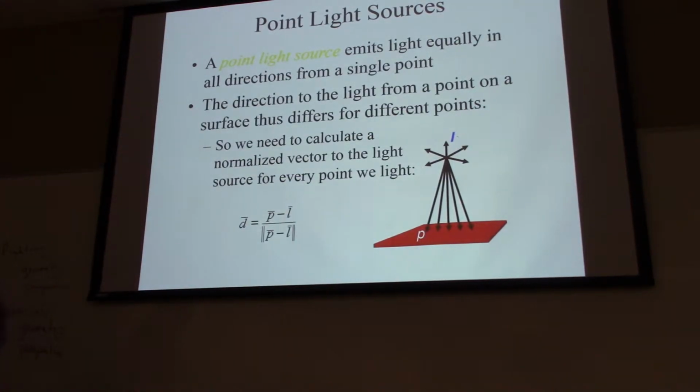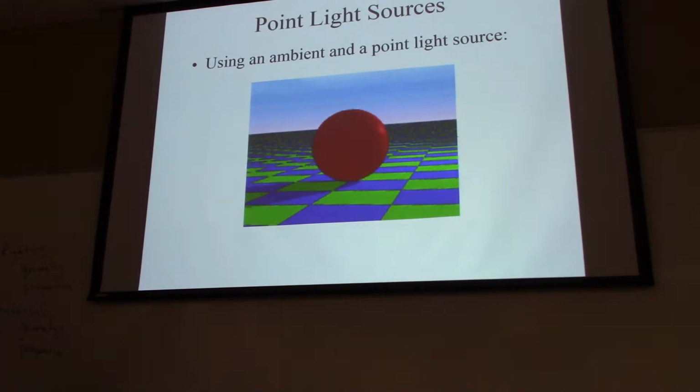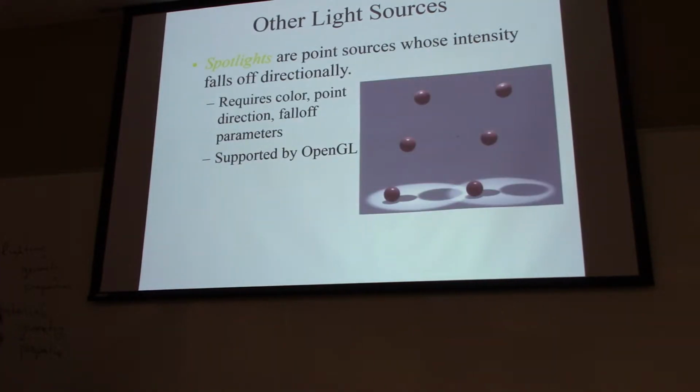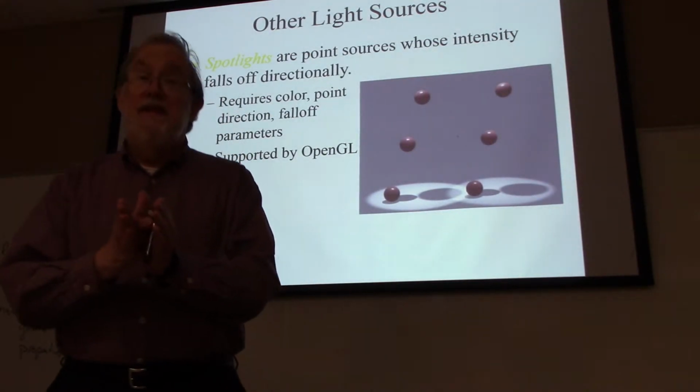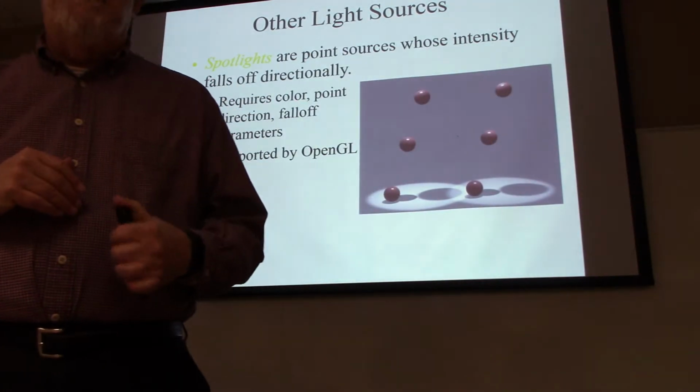And we have point light sources, so we have directional light sources and point light sources. And here's ambient combined with a point light source. We can also have spotlight-like sources where the light is confined to a cone of illumination.